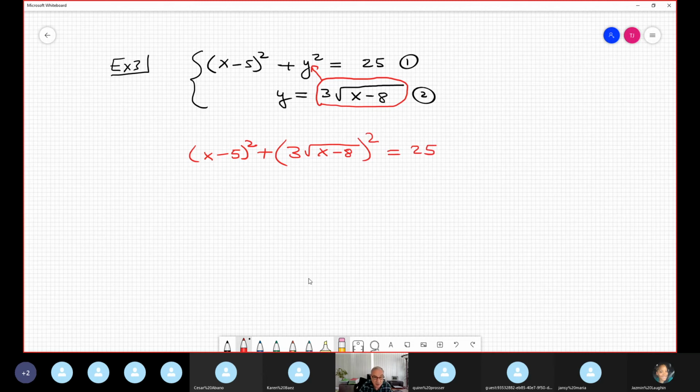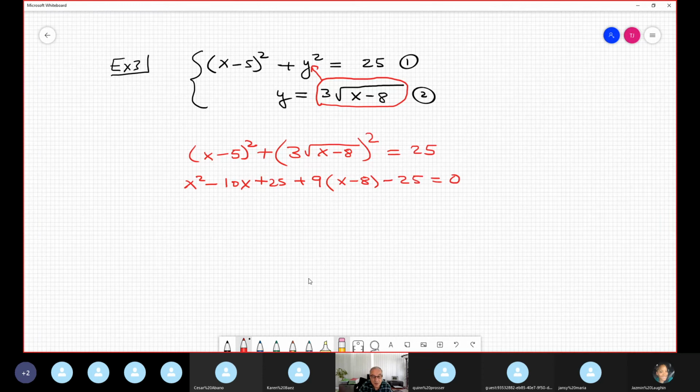Now you expand this: x squared minus 10x plus 25. Then the 3 squared is 9, and don't forget this parenthesis, because now the square root and the square cancel out each other, it's x minus 8. Minus 25 equal to 0.